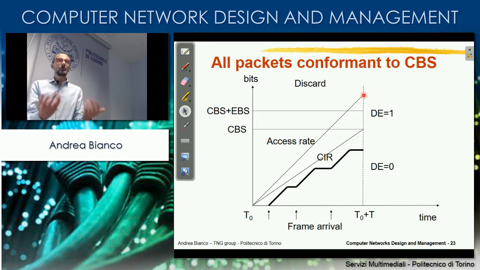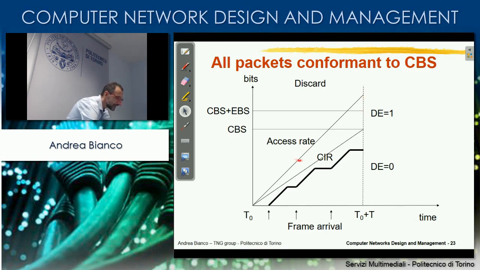Because otherwise we are giving to the user the possibility of sending more than the access link speed, which doesn't make any sense. Okay? So regardless of the absolute value for CBS and EBS, you can choose them freely, but the summation of the two should be smaller than the amount of bits that you can send if you were continuously using your link for bit transmission, which is this value here, over T. Is it clear, this picture here?